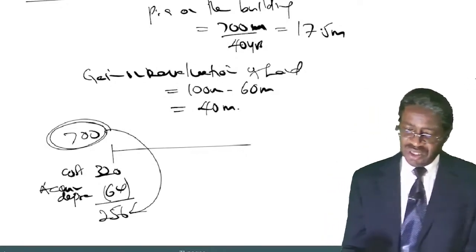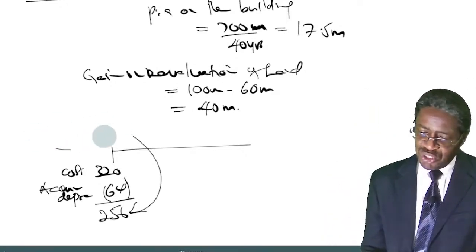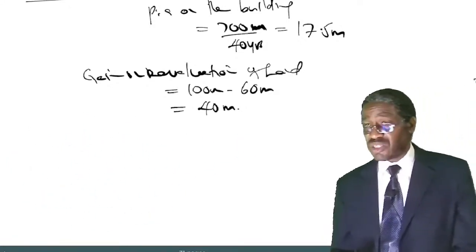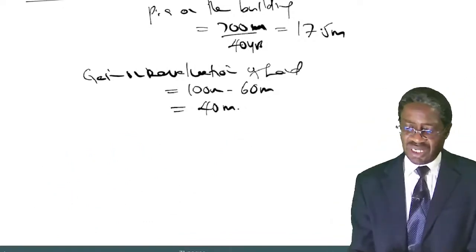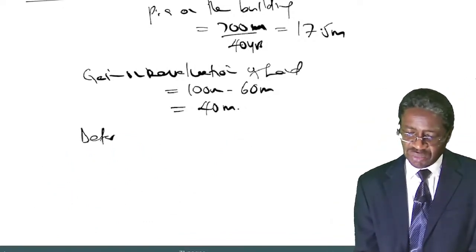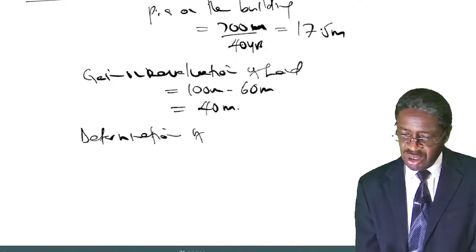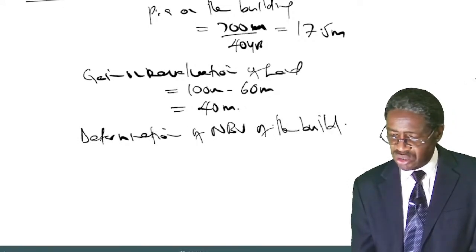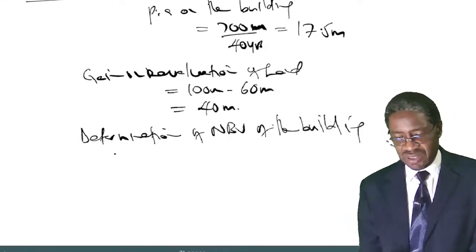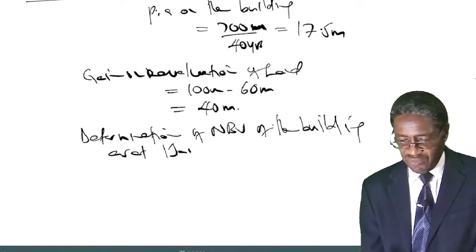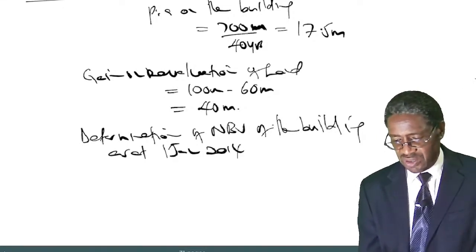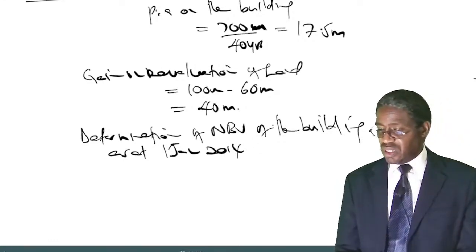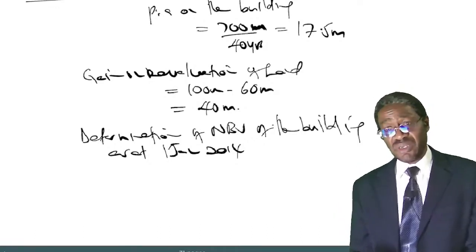Good. So before we get that gain, let's put down some workings. Write somewhere: determination of the net book value of the building as at 1st January 2014.